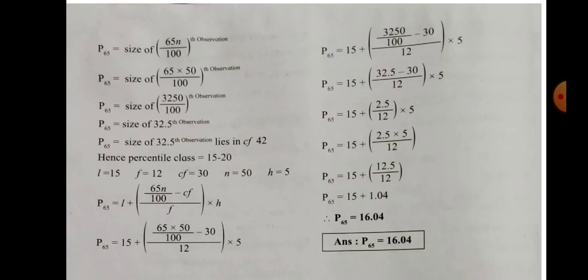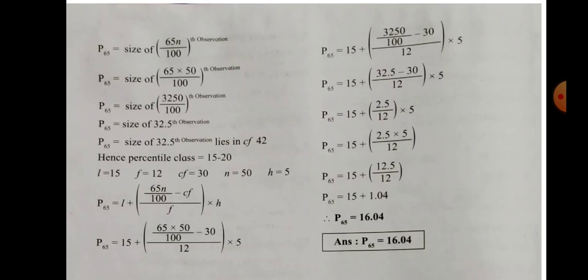In the next step, P65 is equal to size of (3250 divided by 100)th observation. In the next step, P65 is equal to size of 32.5th observation.